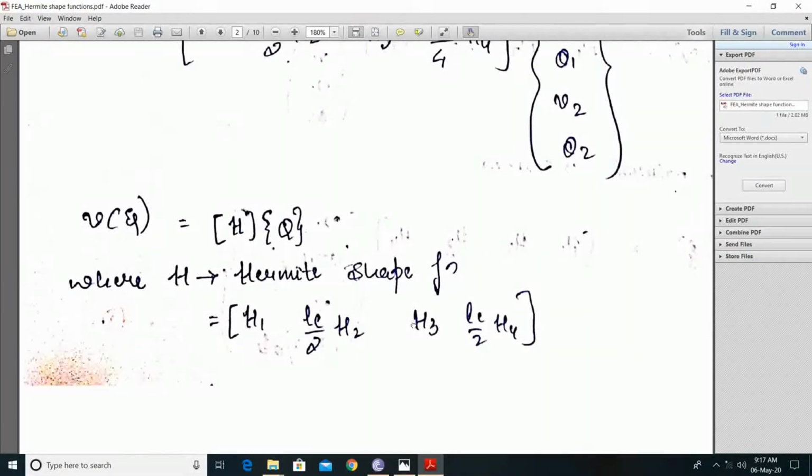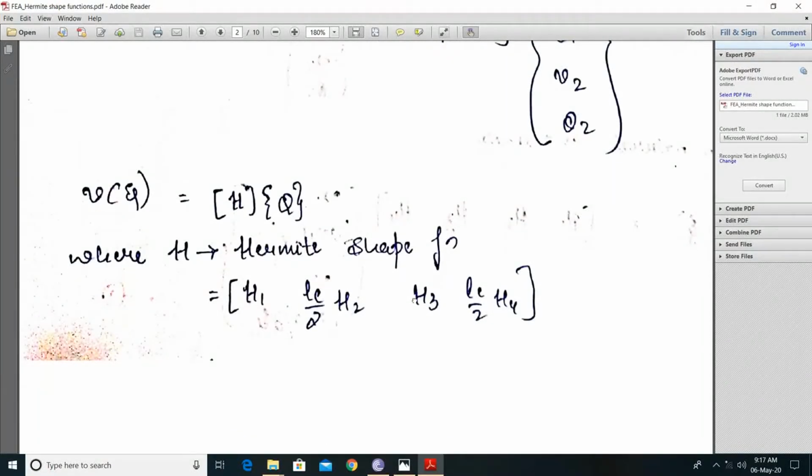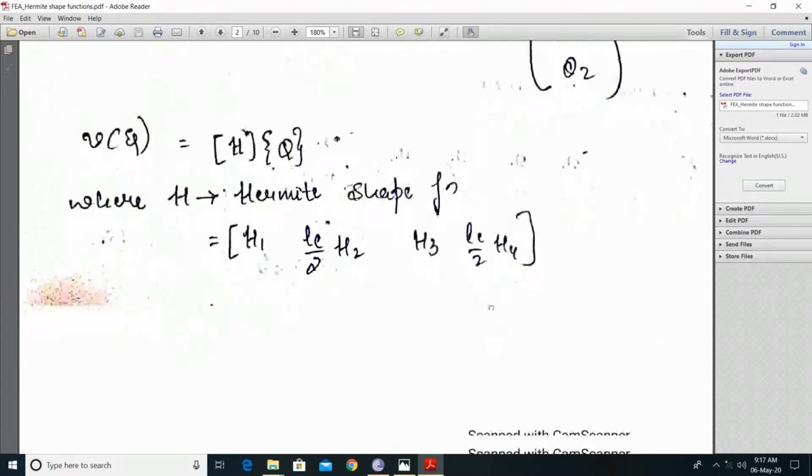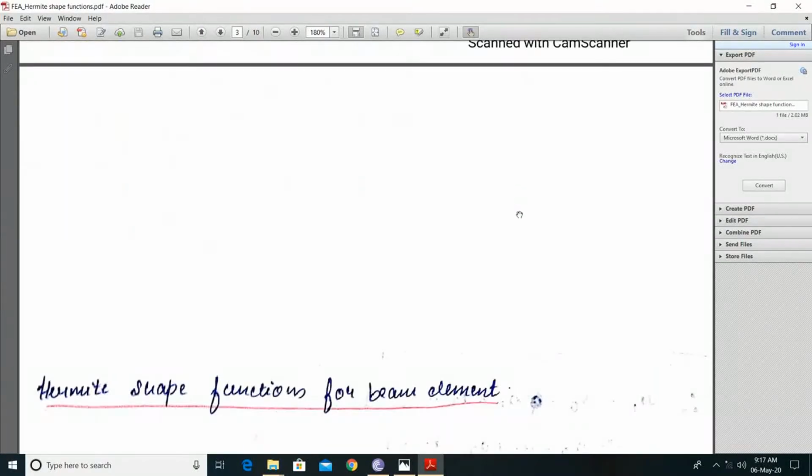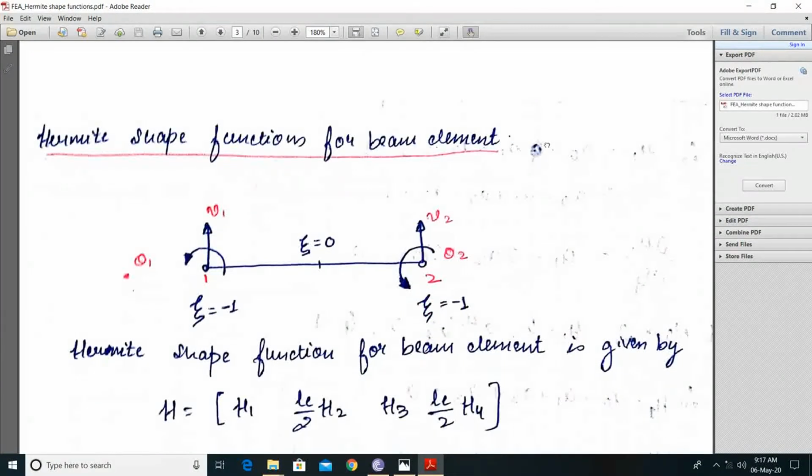Now we will derive the Hermite shape functions H1, H2, H3 and H4. So let's start with the main derivation: Hermite shape functions for beam element.